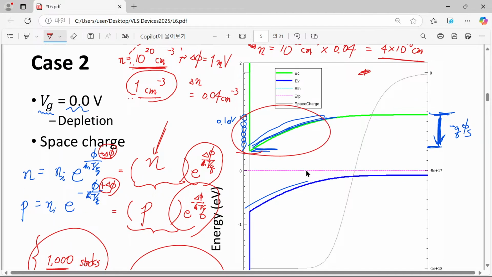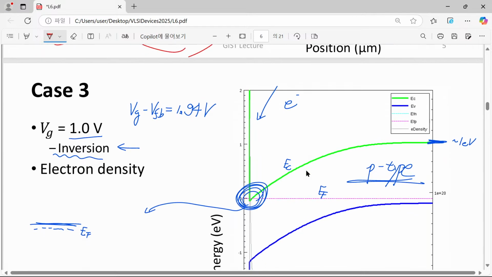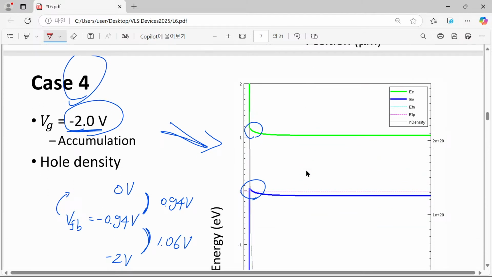In this case, since you have almost no electrons at the beginning, although you have changed the potential or energy bending a lot, the increase of your electron density is really marginal. However, when you look at case number 4, the accumulation case, you already have so many holes inside it. So when you change your potential a little bit, you can provide a sufficient amount of excess holes into your system, so you don't need a large band bending in your system.